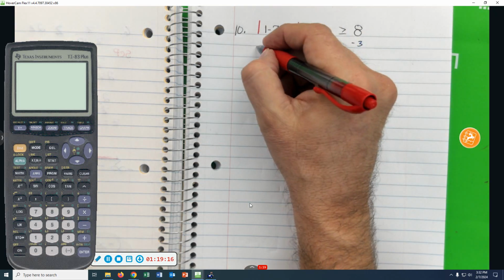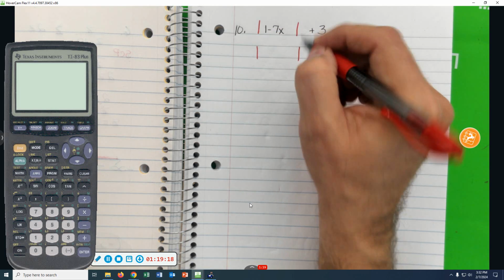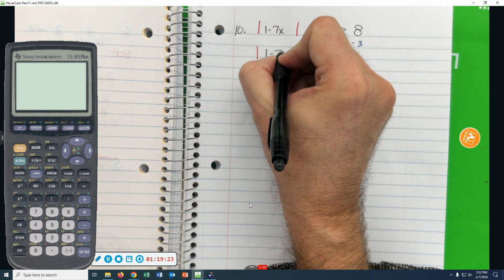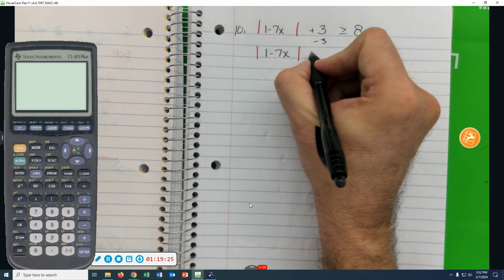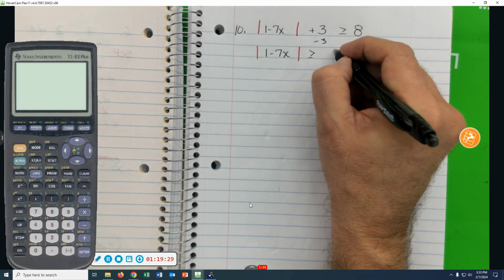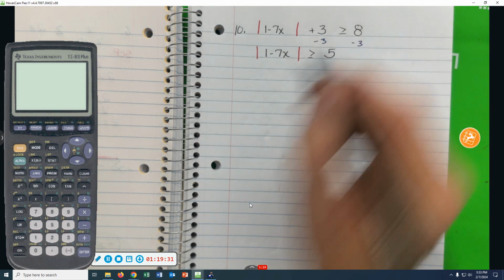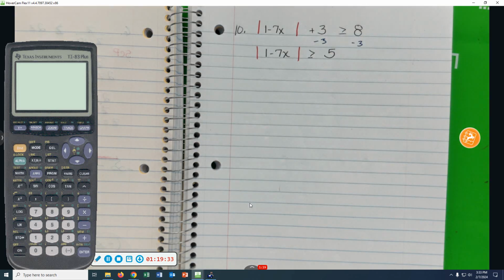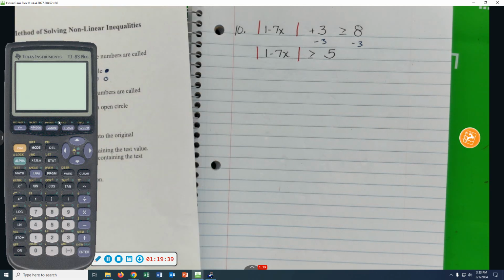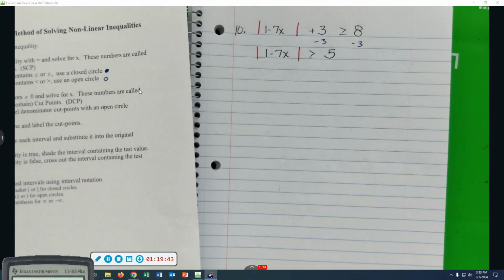So now, isolating the absolute value bars, we have 1 minus 7x is greater than or equal to what? 5? You might be thinking to yourself, oh wow, how does this have anything to do with these cut points?